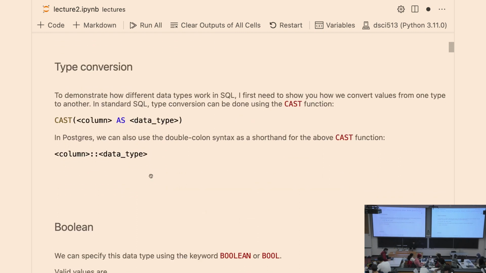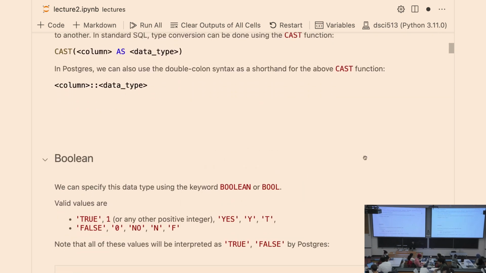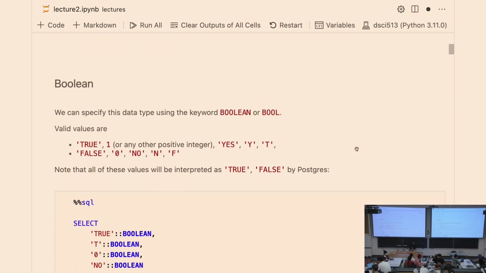Okay, let's start with the Boolean data type. We can specify this data type using the keyword Boolean or bool, and valid values for true are the string true, 1, yes, y, t, and for false we can use either the string false, or 0, or no, or n, or f. Let's see how that works.